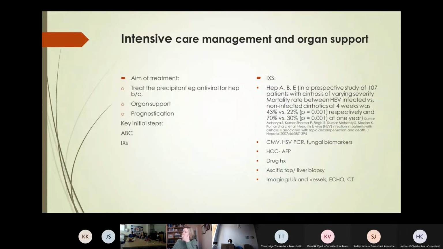There are many. If patients are in the ward, we receive patients in ICU who have already decompensated. So ideally, in an ideal situation, you would want to suppress the etiological factor, like stop alcohol intake, treat the HBV and HCV.